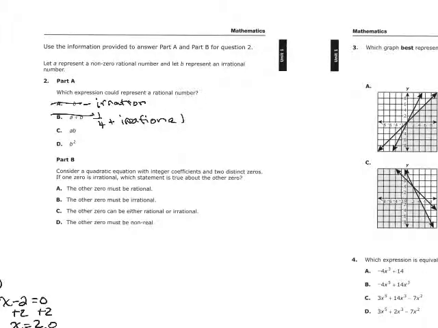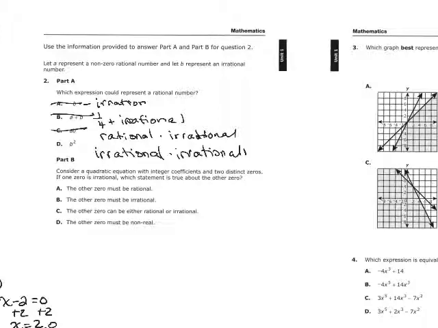So that doesn't work. Multiplying a rational times an irrational also doesn't change anything, meaning it's still going to be irrational. So the only real thing is that a perfect square is rational. And so when you have an irrational times itself, you have rational.